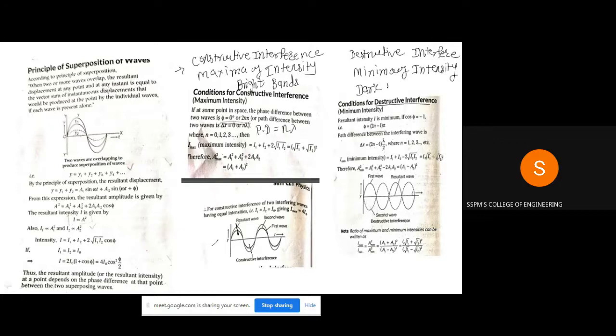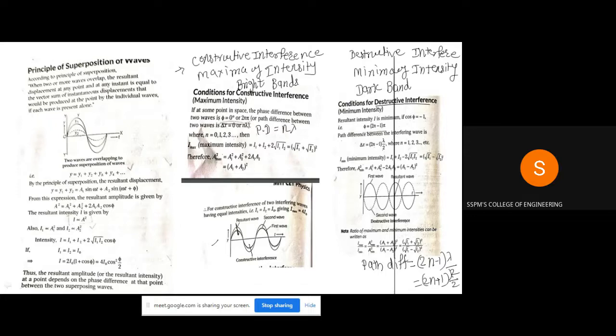What is the condition? The condition is simply that the path difference equals an odd integral multiple of lambda by 2, that is (2n minus 1) lambda by 2 or (2n plus 1) lambda by 2.